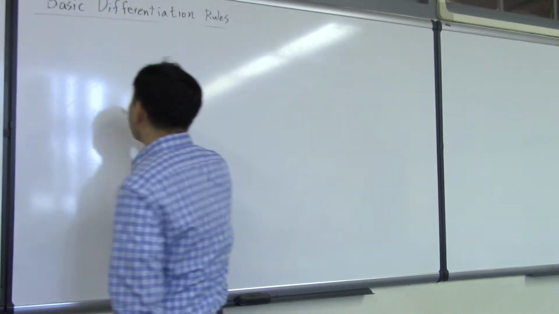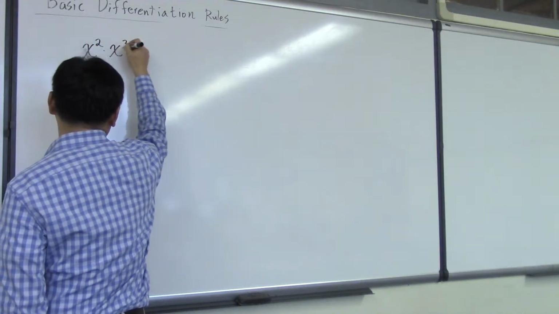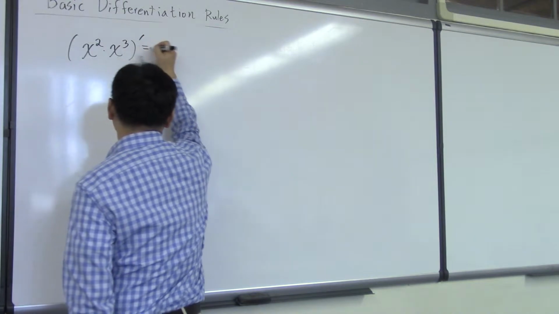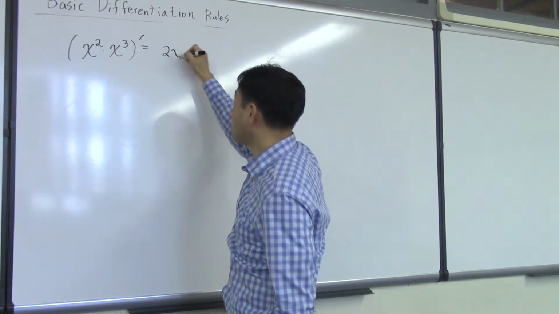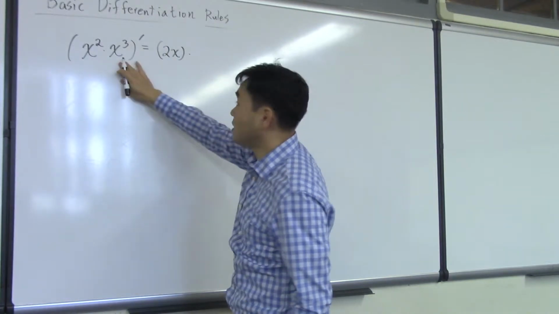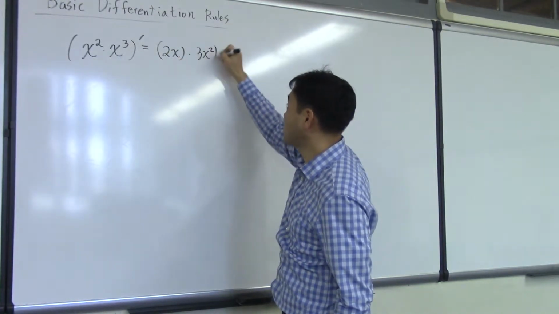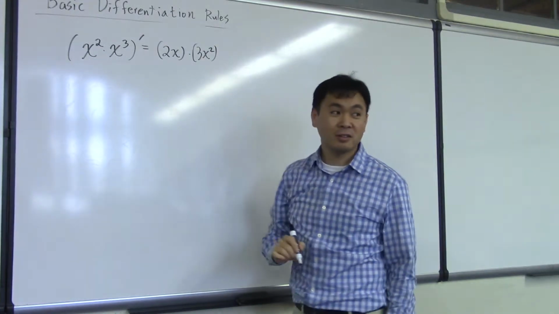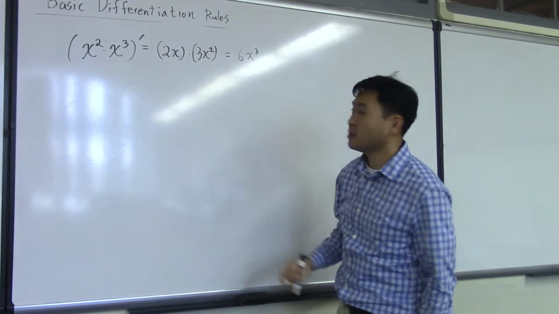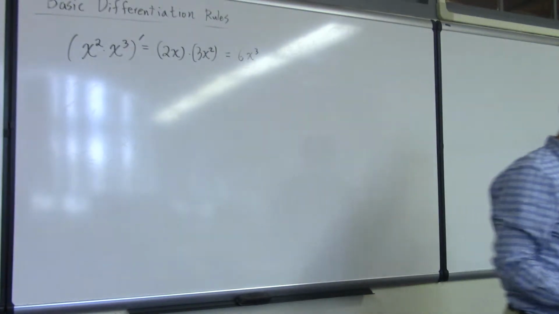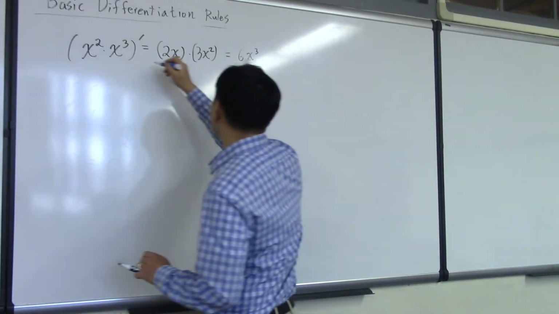So, for example, you would think that if you have x squared times x cubed, you differentiate this. x squared differentiates to 2x, and x cubed differentiates to 3x squared, right? And therefore the answer is 6x cubed. You would think that this is true, however that's not true. And we can actually see why it's not. This is not true.